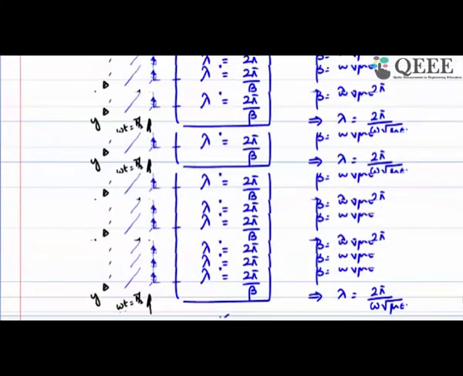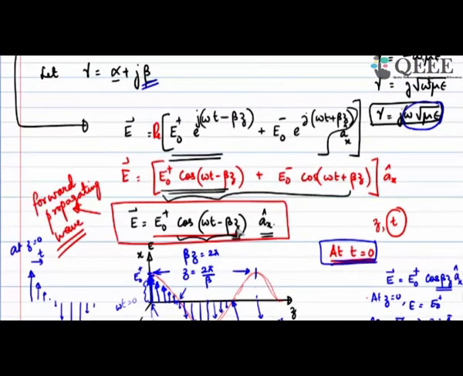Hence this omega t minus beta z is representing a forward propagating wave, which is why I have put its amplitude as E naught plus.